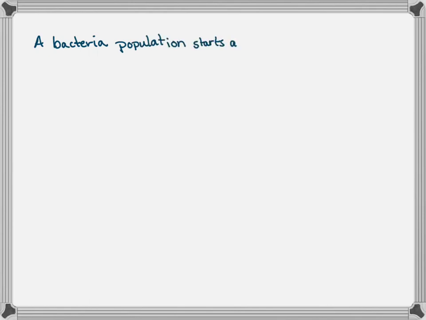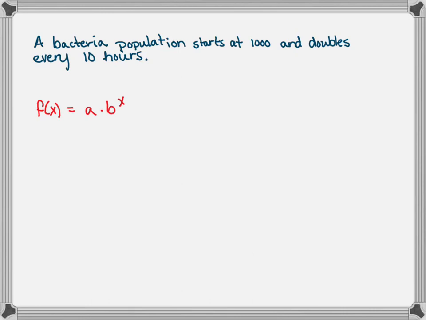Okay, let's look at a real-life type of problem. A bacteria population starts at 1,000 and doubles every 10 hours. So let's see if we can represent this with an equation. So f of x equals a times b to the x. This is a growth function. And we have a starting value of 1,000.